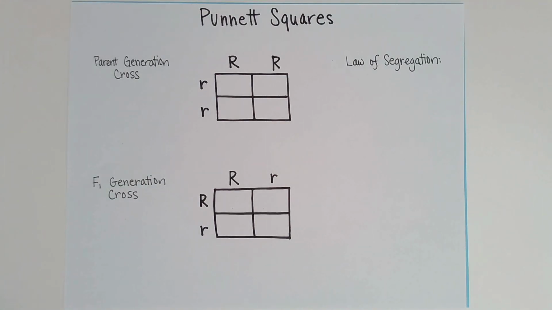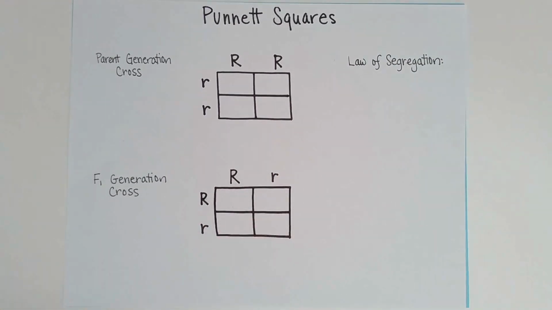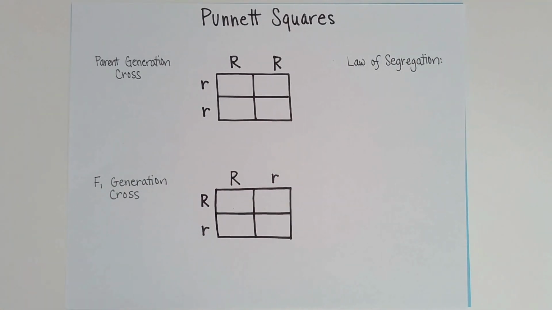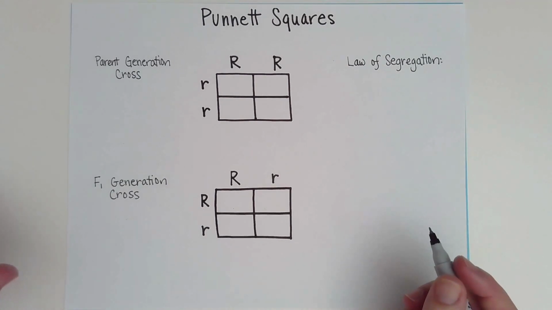So a Punnett square is a square diagram. I have two of them shown here for you that's used to predict the probabilities of different genotypes of a cross.